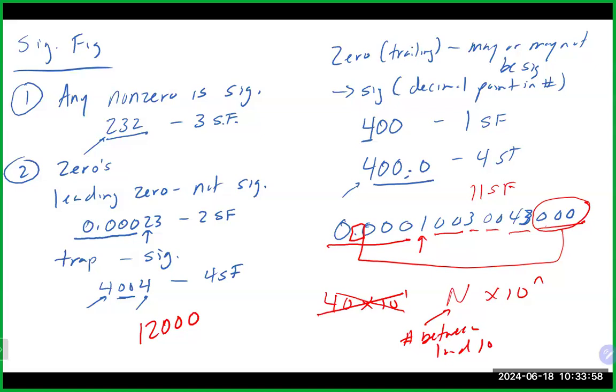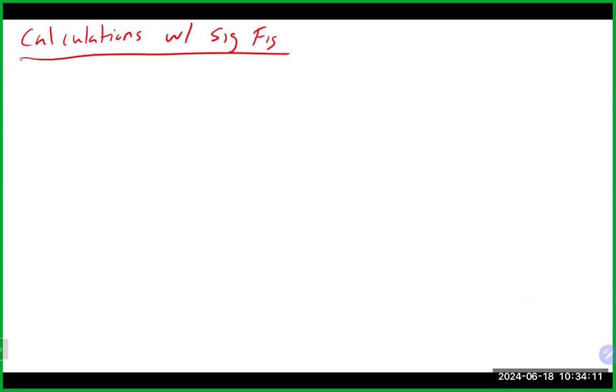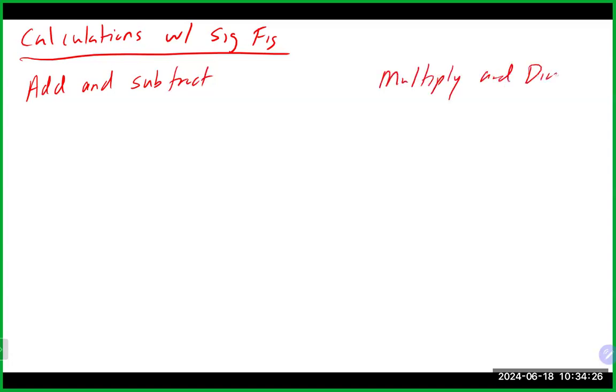Okay, so more importantly, when we do calculations with significant figures, there are basically 2 sets of calculations that we do. We will either add and subtract, or we will multiply and divide.